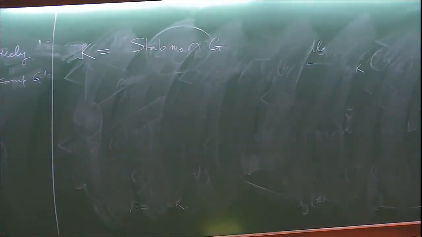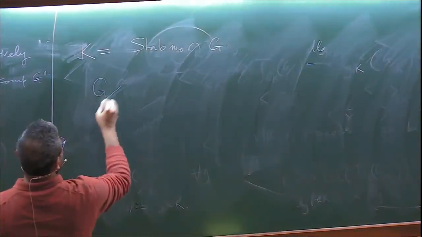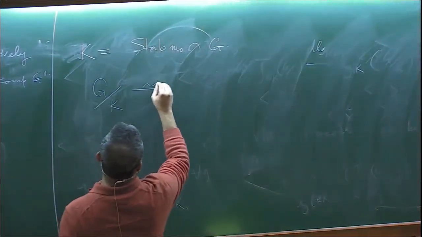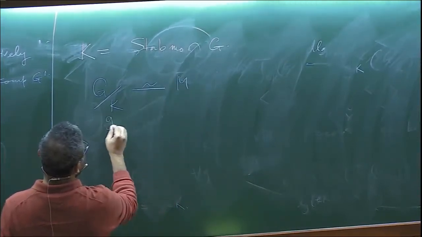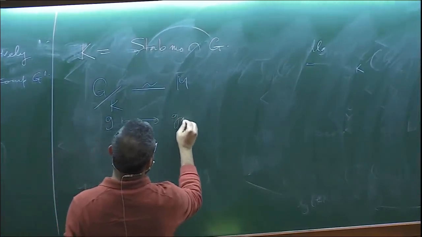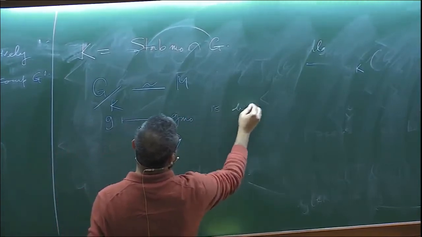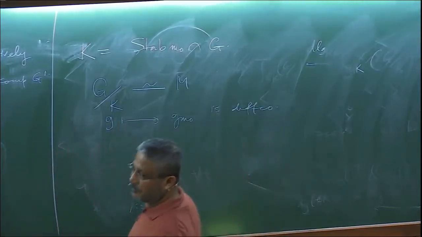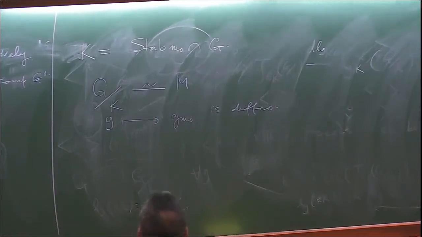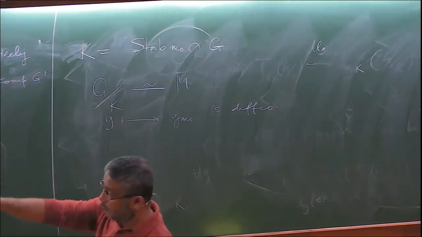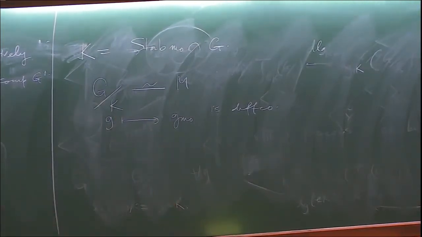So of course G mod K to M, the orbit map g going to g m naught, is a diffeomorphism. Okay. So I have produced a Lie group, and K is a compact subgroup of G because of this result.